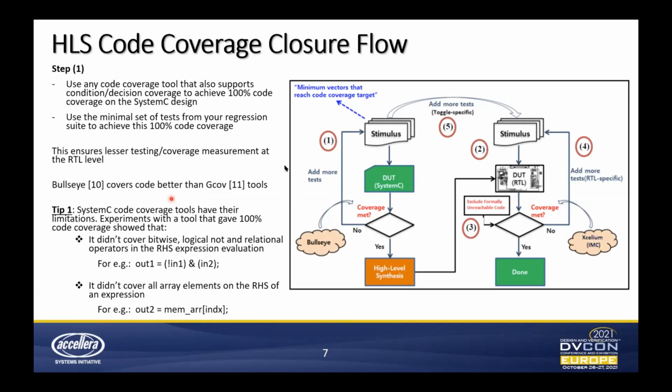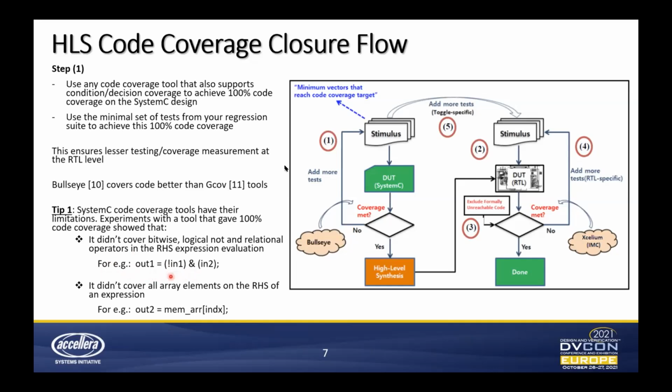Our experiments using a SystemC code coverage tool showed that 100% code coverage was achieved even though it didn't cover bitwise logical NOT and relational operators in the right-hand side expression evaluation. Take this for example. The NOT as well as the AND on the RHS is not covered.